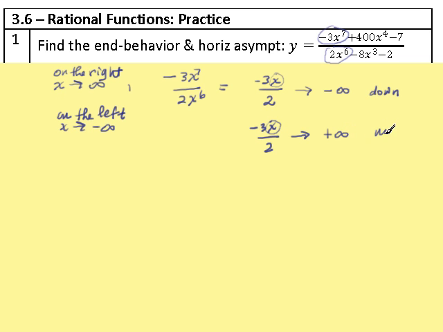That means up on the left. So that's the end behavior. Now, there are no horizontal asymptotes. The horizontal asymptotes only occur if we have numbers here other than infinity and minus infinity, some finite numbers. All right, so we'd say no horizontal asymptotes.